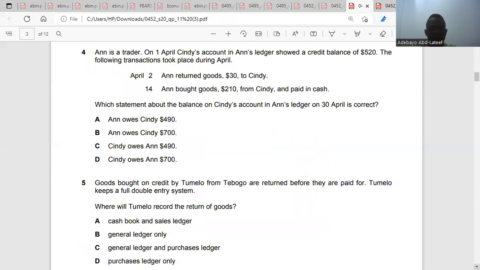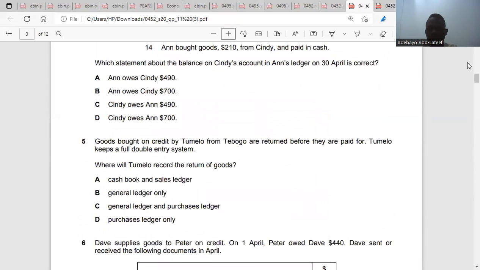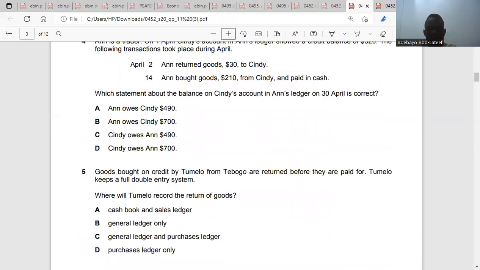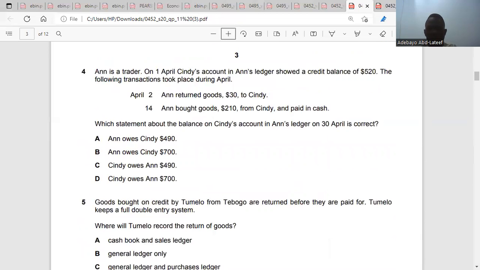Anne is a trader. On 1 April, Cindy's account in Anne's ledger showed a credit balance of 520. The following transactions took place during April. Then Anne returned goods of 30 to Cindy.